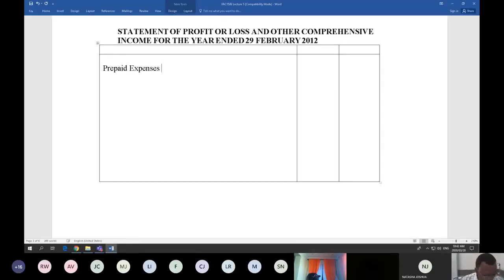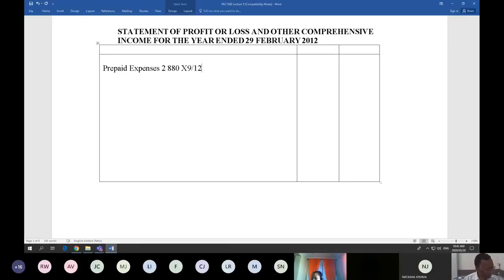There is an annual premium of 2,880. And of that premium, 9 months. So you take 9 divided by 12. Of the 2,880, 9 months of that is prepaid expenses.